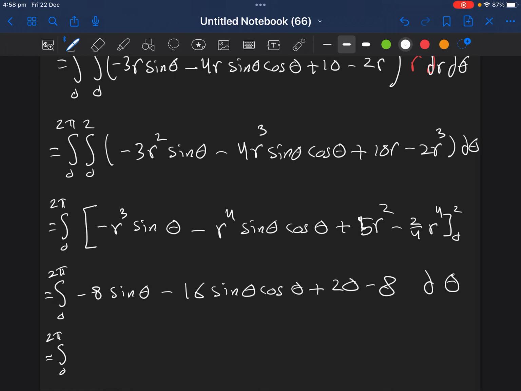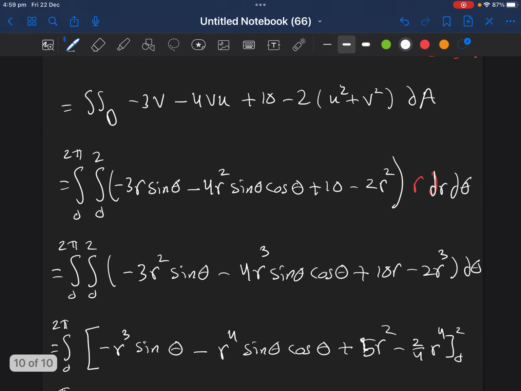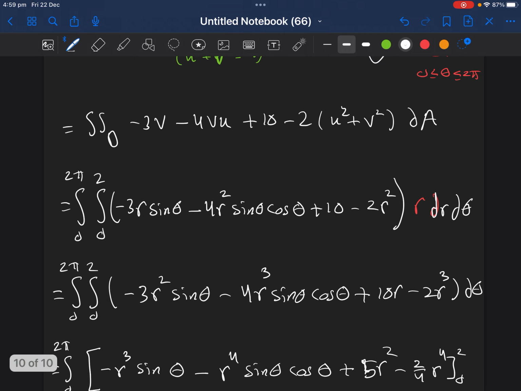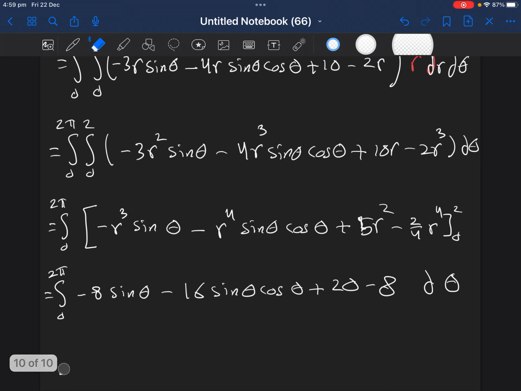If we just continue with all the calculations, and everything is correct, we can just do the integral here.